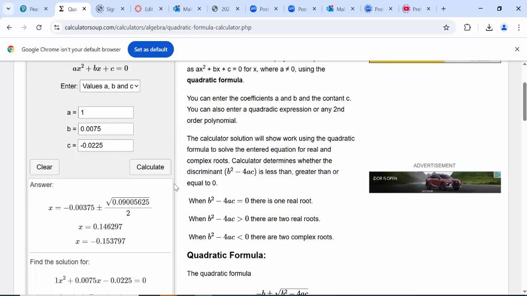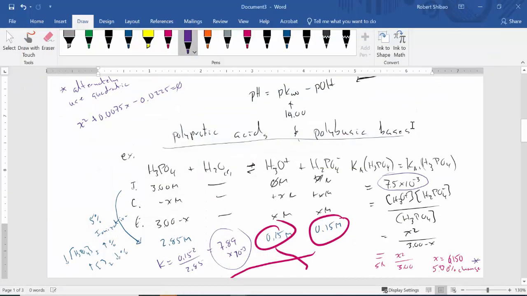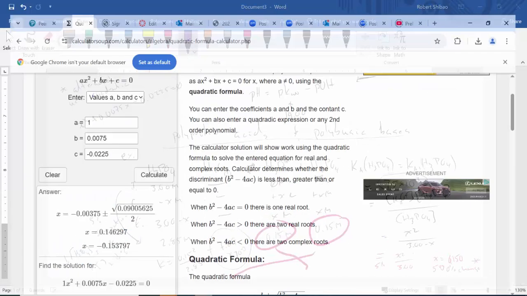All right, using the simplifying assumption, we got 0.15, but here we got 0.146297. So let's try that. Actually, let me leave that up so I can write it.